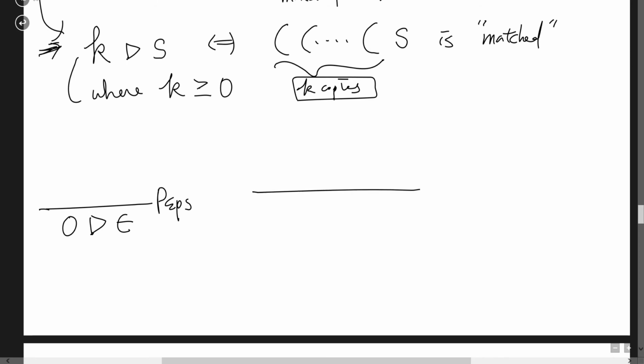Now suppose that we have K triangle S, and we assume that the string starts with a left parenthesis.